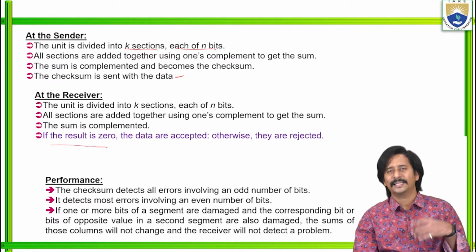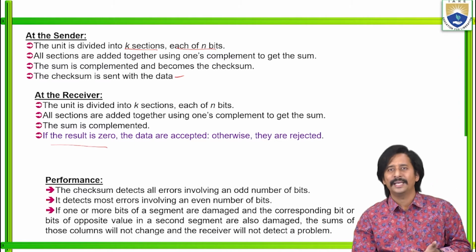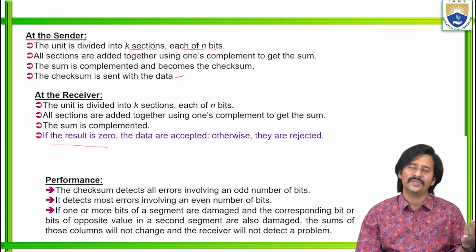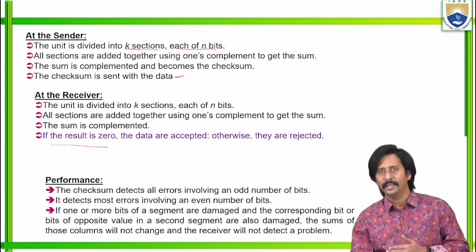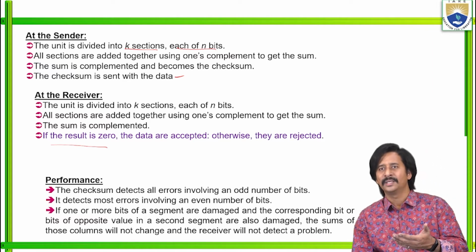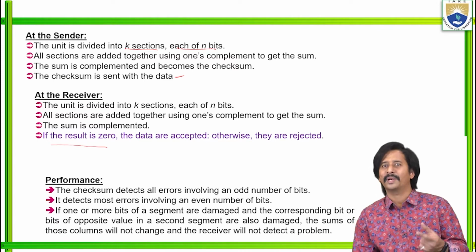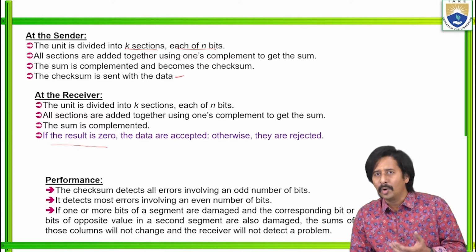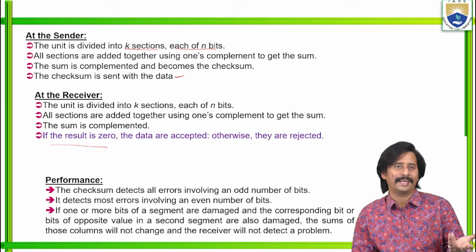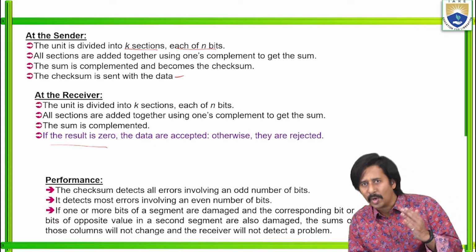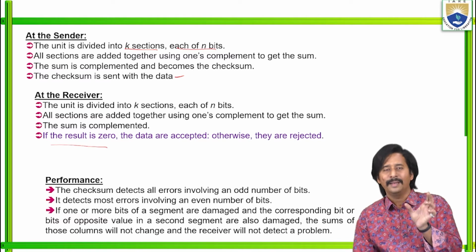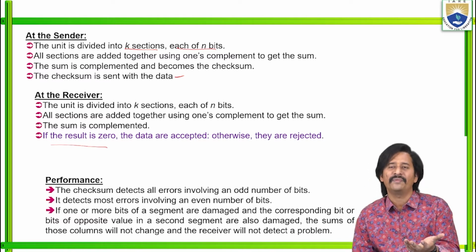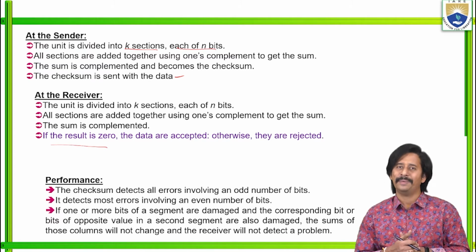The checksum is one of the mechanisms for error detection when compared to the previous technique, the parity check. The checksum detects all errors involving either an odd number of bits or an even number of bits. If one or more bits of a segment are damaged, then the corresponding bits of opposite value in a second segment are also damaged.